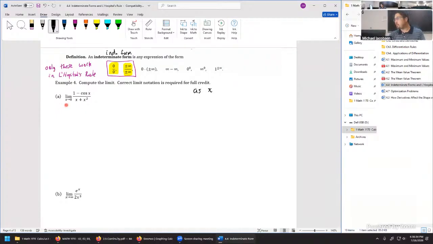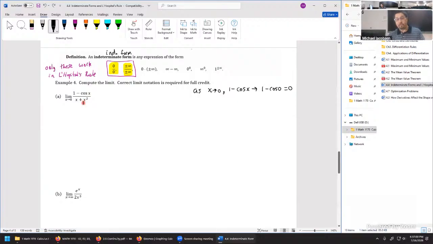So I'll say as x goes towards 0, the function in the numerator, 1 minus cosine x, will tend towards 1 minus cosine 0. Cosine 0 is 1, so this just becomes 1 minus 1 for a value of 0. And that's the numerator portion right here. It looks like L'Hopital's rule might be able to be used.